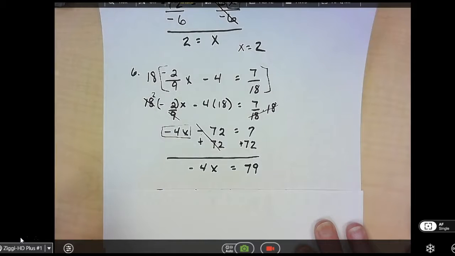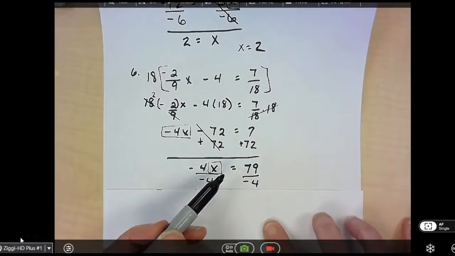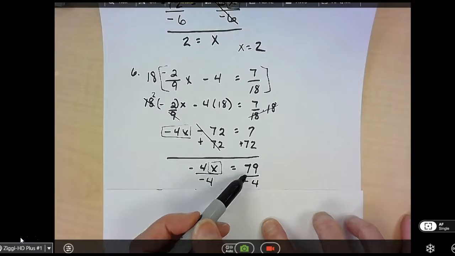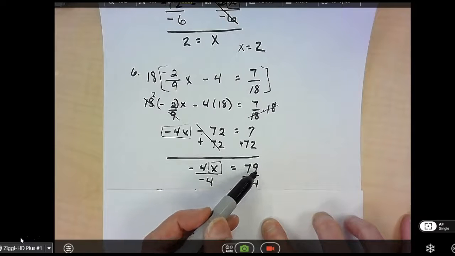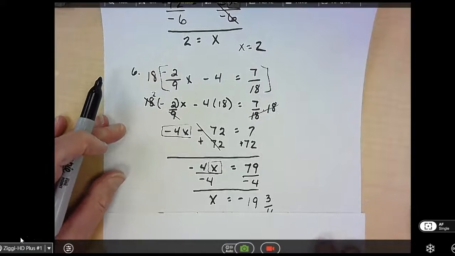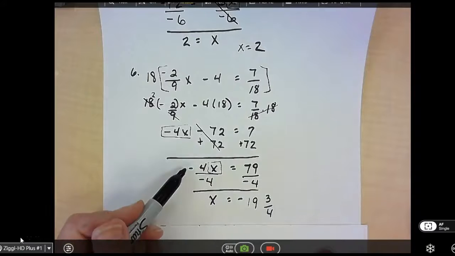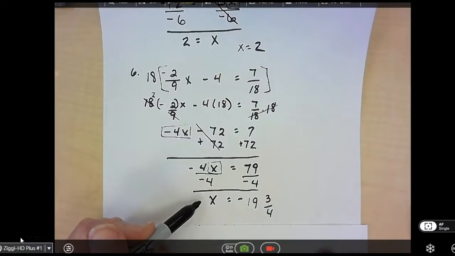Isolate the variable term, divide both sides by -4, -4. 4 goes into 7, 1 whole time, that remains 39, 4 times 9 is 36, so that goes in negative, because we have one negative sign, my answer is going to be negative. When you have the two negative signs, your answer is positive.